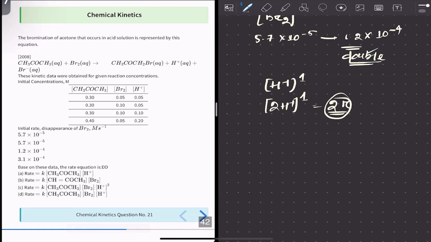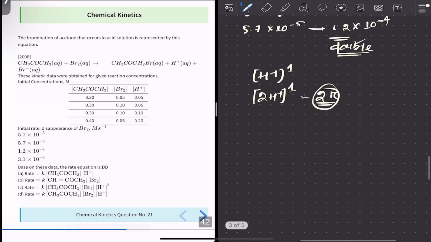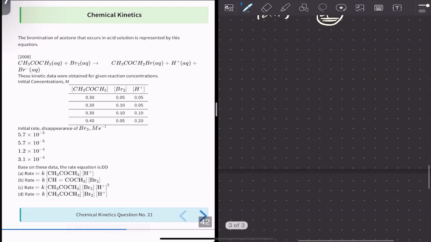Now notice the changes in the CH3COCH3 concentration, which can be seen in the last row. The change is 0.4, and the hydrogen concentration is also doubled.